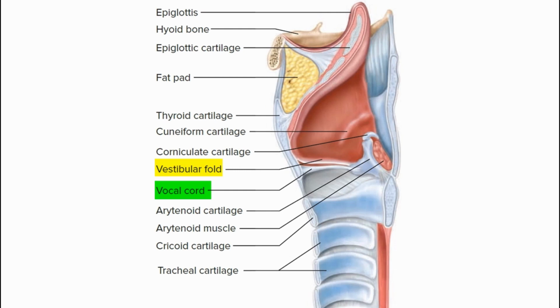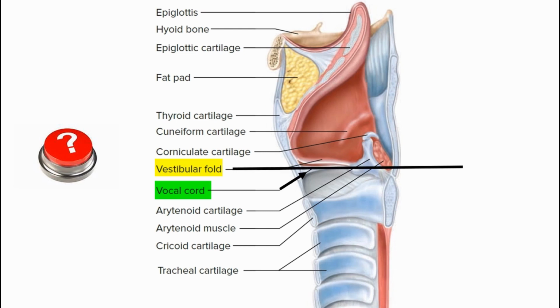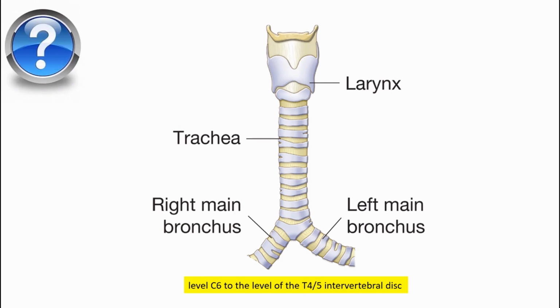The lower part of the respiratory system starts below what? It starts inferior to the true vocal cords. Let's have a few questions on this slide. We can see the larynx, and inside this larynx there is the true vocal cord.